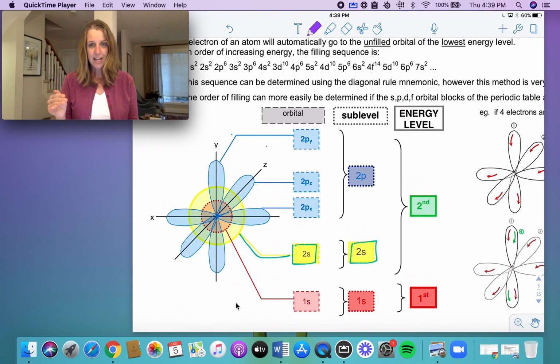They are in the sublevel of 1s and 2s because there is only one kind of s orbital and it's spherical, okay? Each orbital can hold 2 electrons. Once you get to the second energy level, then we start seeing there are 2 different types of orbitals. At energy level number 3, there are 3 types of orbitals. At energy level number 4, there are 4 types of orbitals. It gets much more complex as atoms have more electrons.